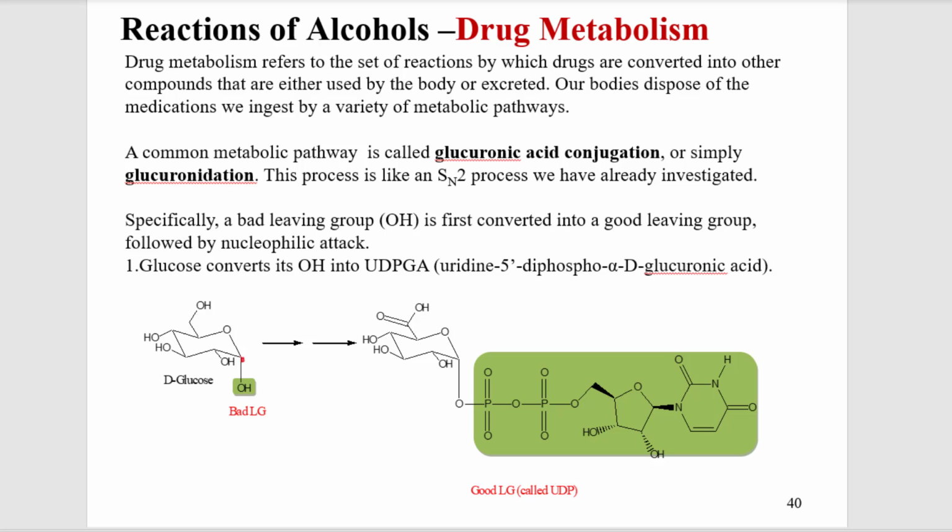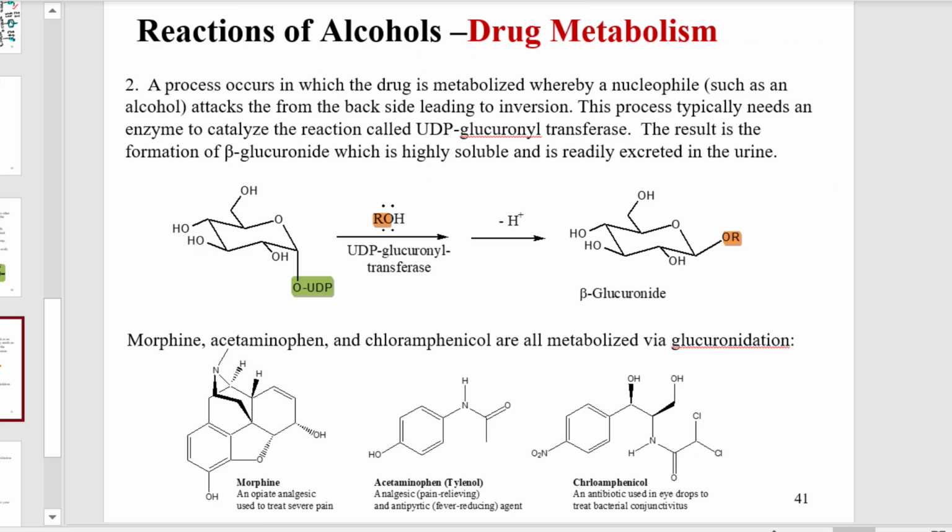And this thing is now a better leaving group, because if it leaves as O-, it can be resonance stabilized, just like the sulfur groups were, right? It's very synonymous with the sulfonates that we just made. So this OUDP, good leaving group, is what helps in metabolism.